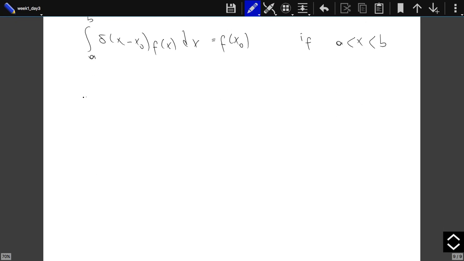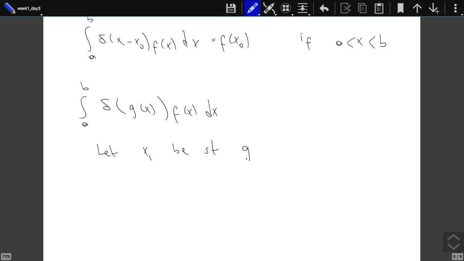Of course, we will also have cases where we will have Dirac delta of some function of x. Now, again, the only contribution will be from points which make the argument of the Dirac delta 0. So let's say, let xi be such that g of xi is equal to 0.